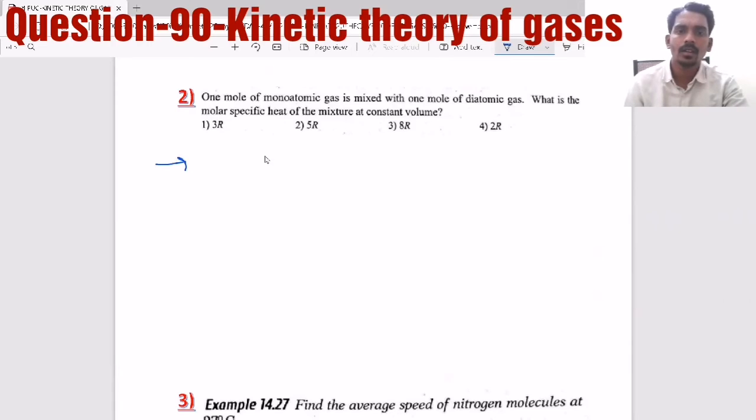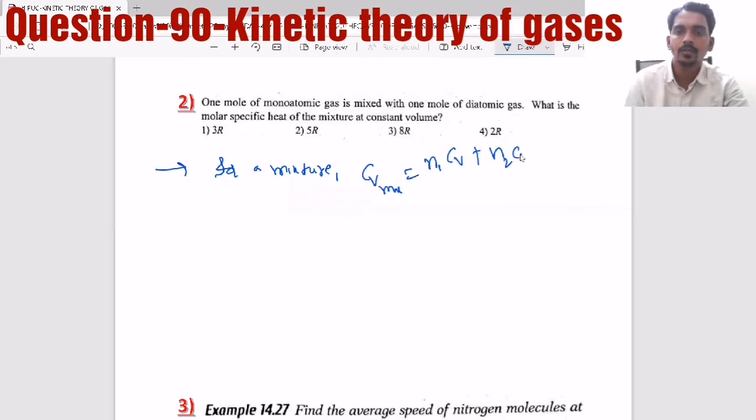1 mole of a monoatomic gas is mixed with 1 mole of a diatomic gas. What is the molar specific heat of the mixture at constant volume? See here, for a mixture, CV mixture equals (N1 CV1 plus N2 CV2) by (N1 plus N2). Now CV equals fR by 2.